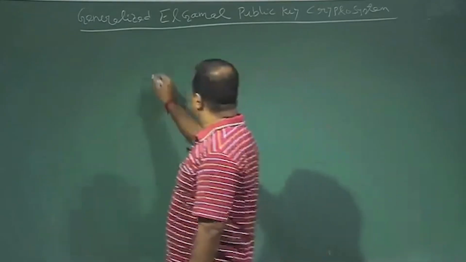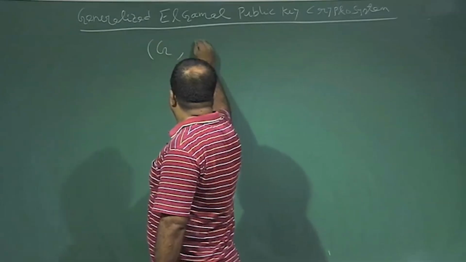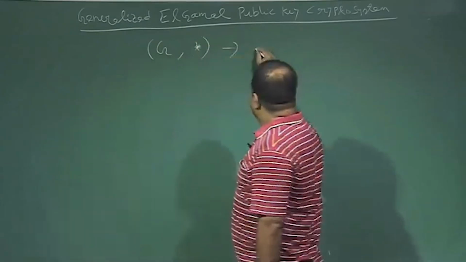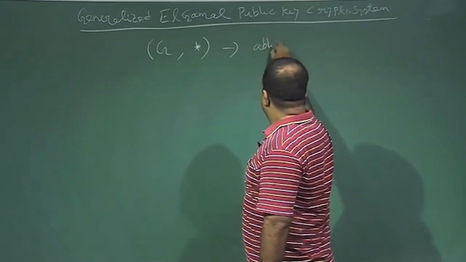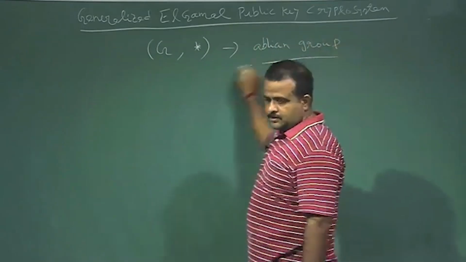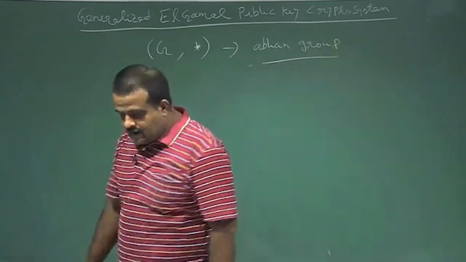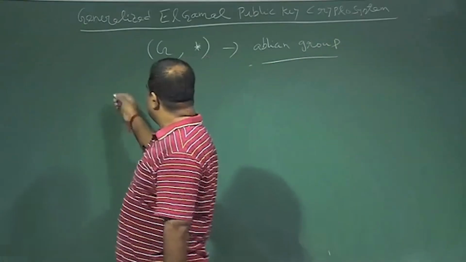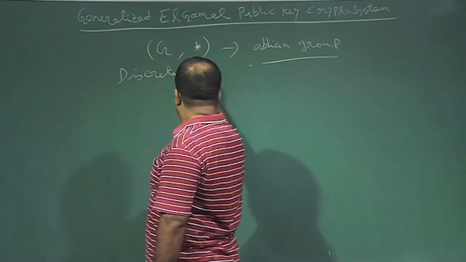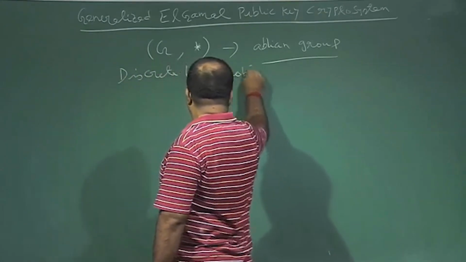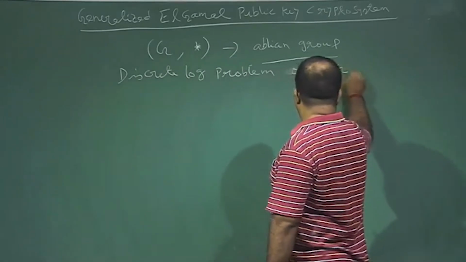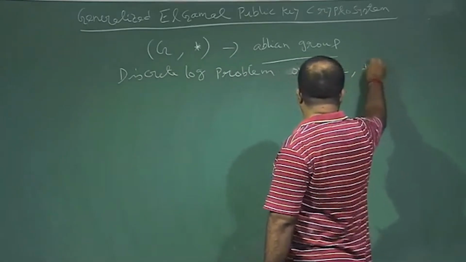Suppose we have a group G and an operation star in that group. This is an abelian group. Now we define the discrete log problem over this group, the generalized version of the discrete log problem.